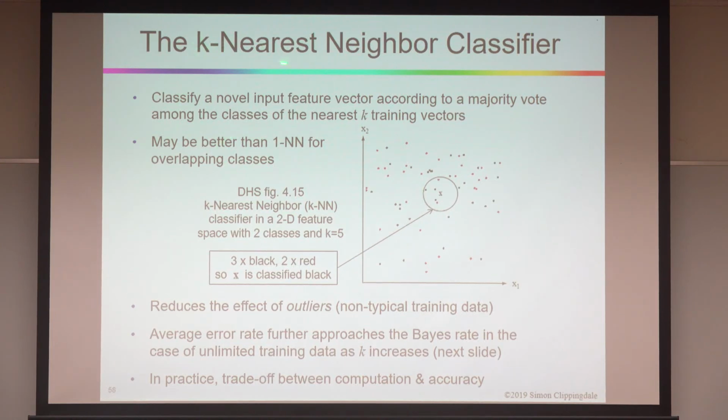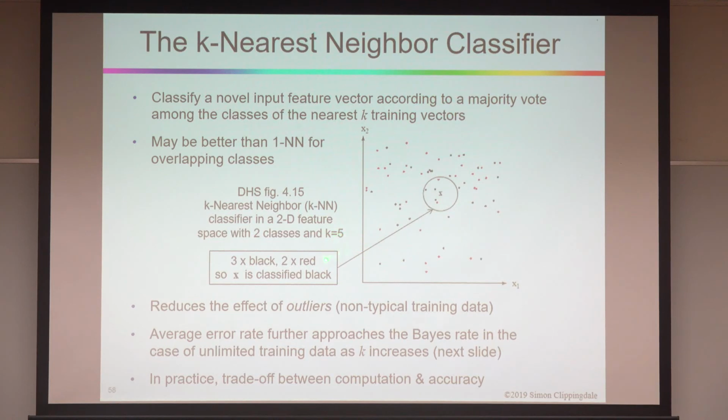The k nearest neighbor classifier, or KNN, is an attempt to smooth out some of the noise in a single nearest neighbor classifier. You now classify a novel input vector according to a majority vote among the classes of the nearest k training vectors. For example, here's our input vector x, and these 5 points within this circle are the 5 nearest training points to it, so k equals 5.